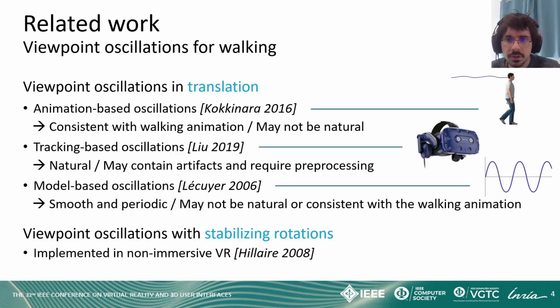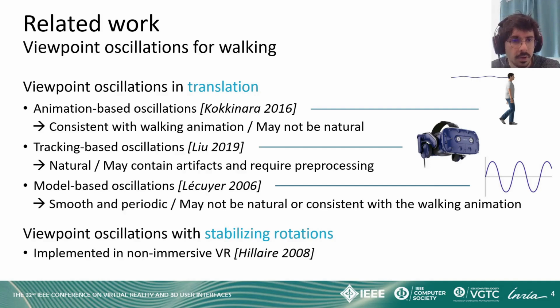So in the literature, several methods exist to implement viewpoint oscillations. The first one is animation-based oscillations, which consists in taking the animation of a walking avatar to implement the oscillation, which has the advantage of being consistent with the animation, but the motion may not be natural. Then tracking-based oscillations consist in using recordings of real people walking to generate the oscillation, which is natural, but may contain artifacts that require pre-processing.